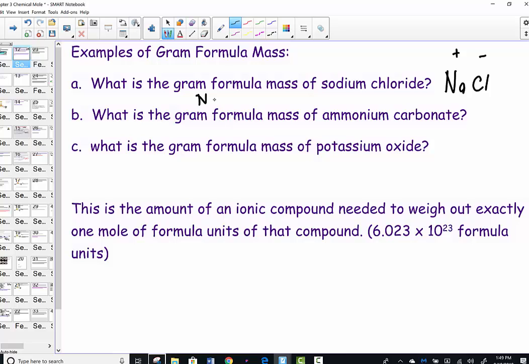If sodium has a molar mass of 23.0, chlorine has a molar mass of 35.45, so I'll round that to 35.5. I add the two atoms together to get a gram formula mass, and that would come out to 58.5 grams of sodium chloride. Notice how I'm including the label gram of sodium chloride. Please get in that habit to make sure we keep track of what we're weighing.